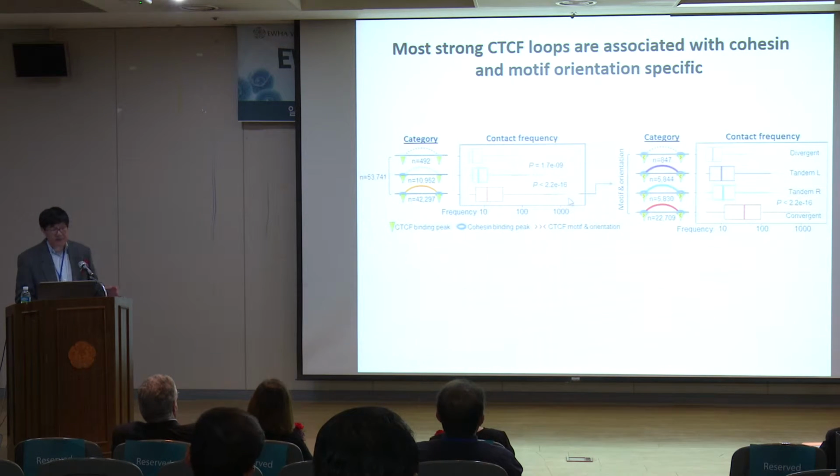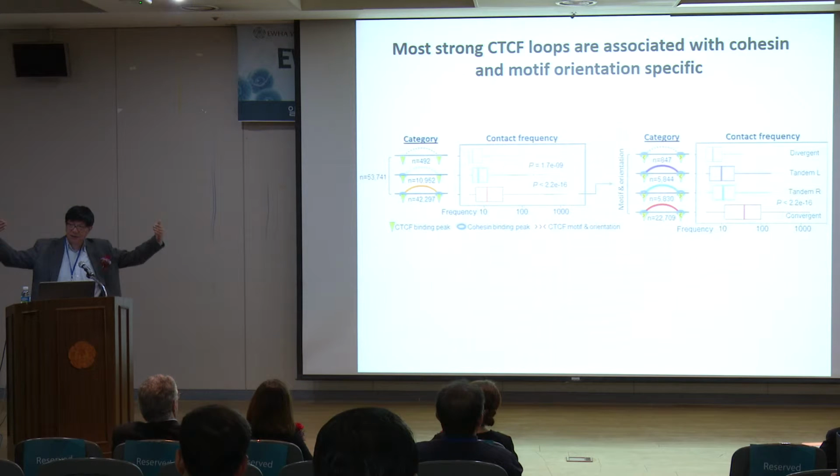First, by using CTCF ChIA-PET, we are able to identify how the chromatin structure is organized by CTCF. We found that the majority of the CTCF-defined chromatin interactions are with the binding motifs facing each other.